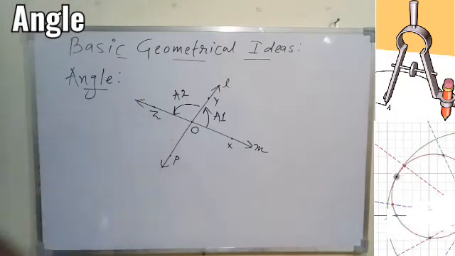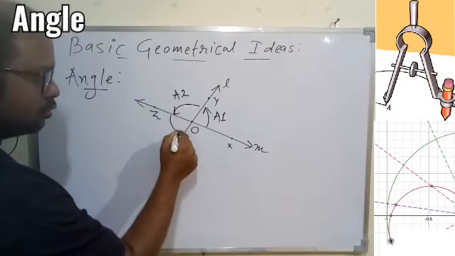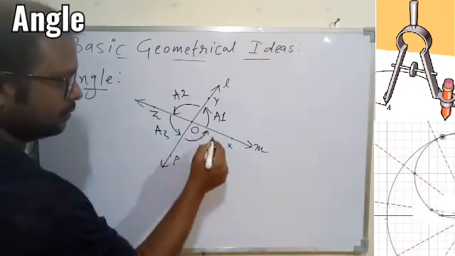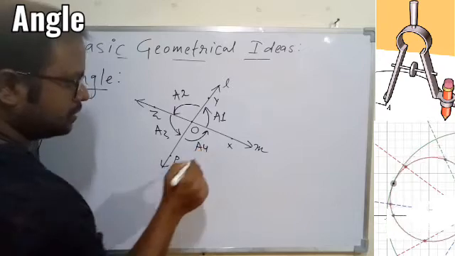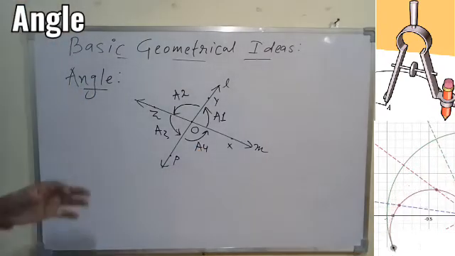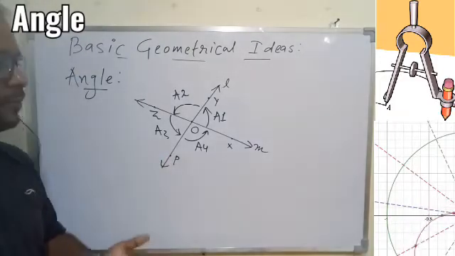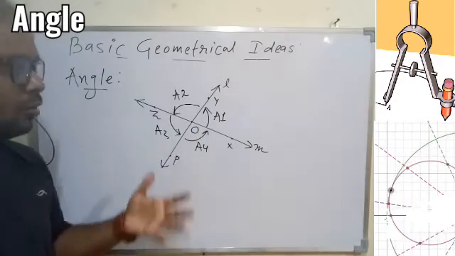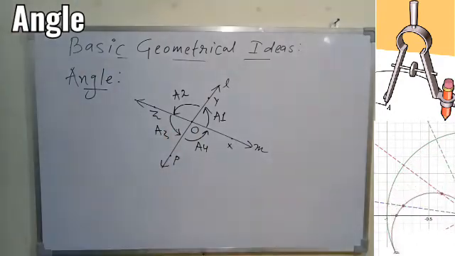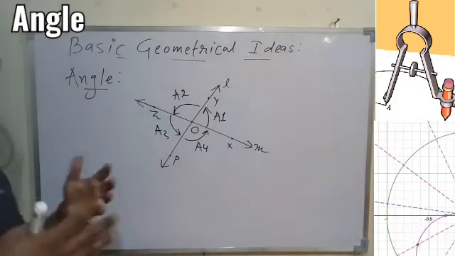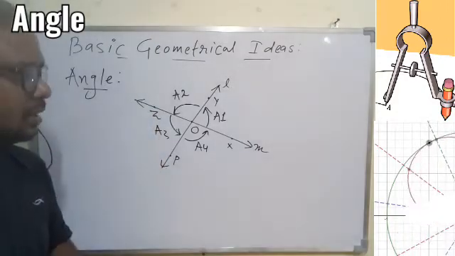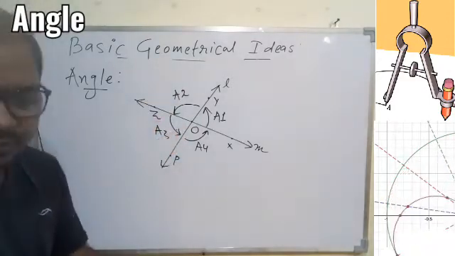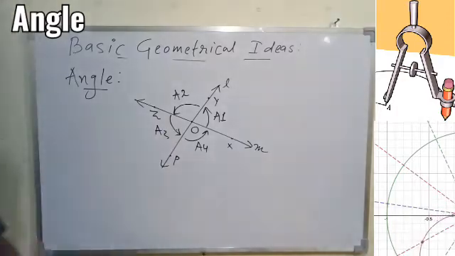Now OZ and OP again have a common point, so we got angle 3. And OP and OX again have a common point O. So when two different lines intersect, how many angles are we getting? A1, A2, A3, A4. This is how the concept can be understood. Any number of lines can intersect, and depending upon how many lines intersect, they form a different number of angles. But between two rays we always have an angle, and we understood that with the help of the picture.